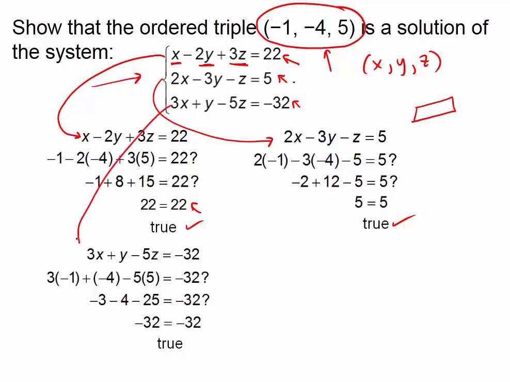Check it in equation 3. Sure enough, we end up with a true statement down there. So we would want to say at the end of this, I'm not done quite here yet. I've just verified that these all work in the equations. So I would say, yes, -1, -4, +5 is a solution to the system.